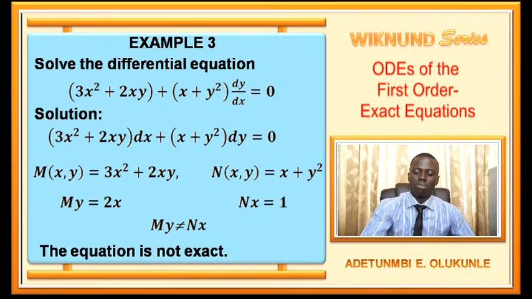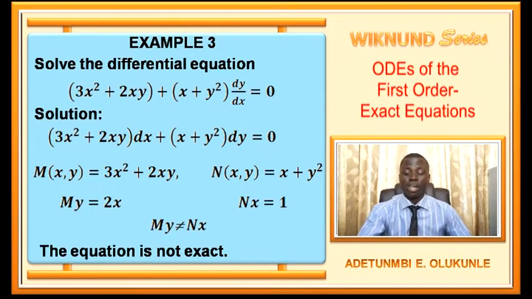So we have (3x squared plus 2xy) dx plus (x plus y squared) dy equals 0. So here our M of x, y is 3x squared plus 2xy, and our N of x, y is x plus y squared. Okay, we have to check for exactness.